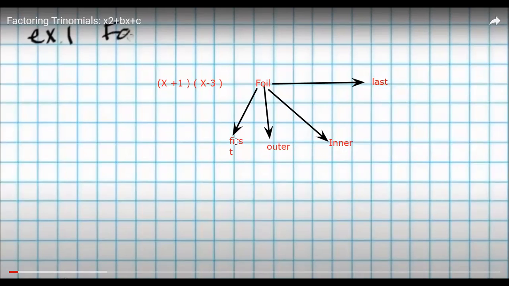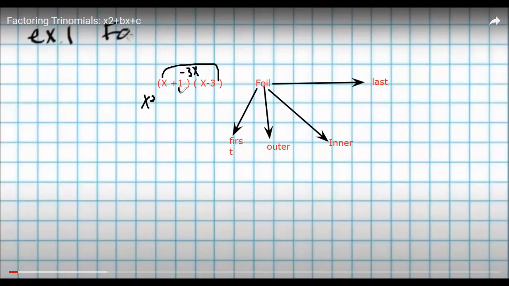Then if I want to check or simplify, first x times x will be x to the power of 2. And then we check the outer, which is x times negative 3, it will be negative 3x.